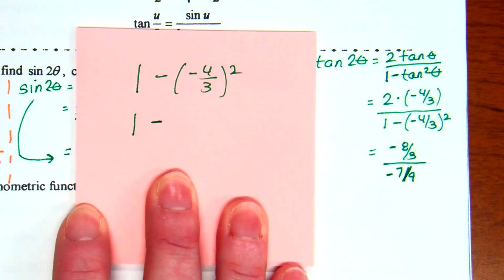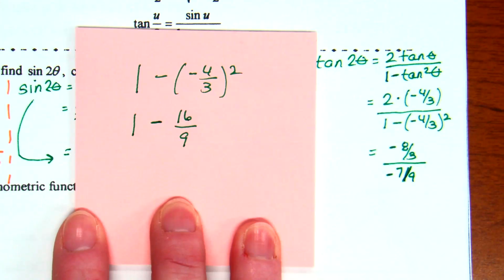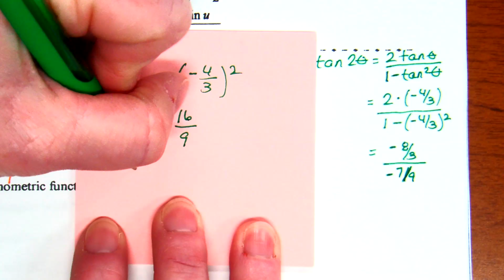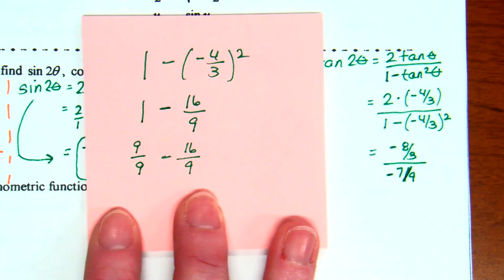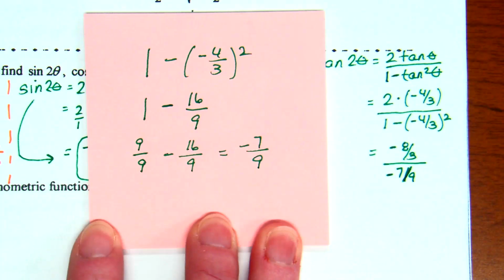We got that far. Okay? In order to subtract 1 minus 16/9, we need a common denominator of 9. So this is 9 over 9 to make it equal 1. 9 over 9 minus 16 over 9, which is negative 7/9. Better? Yeah, that makes sense.